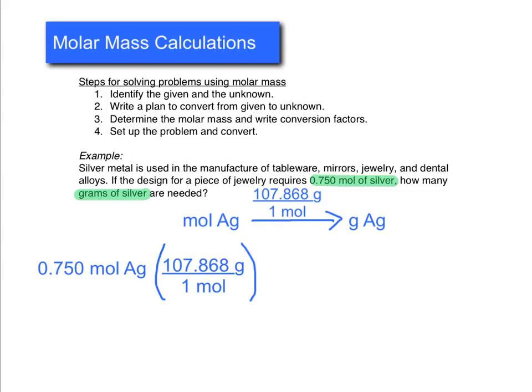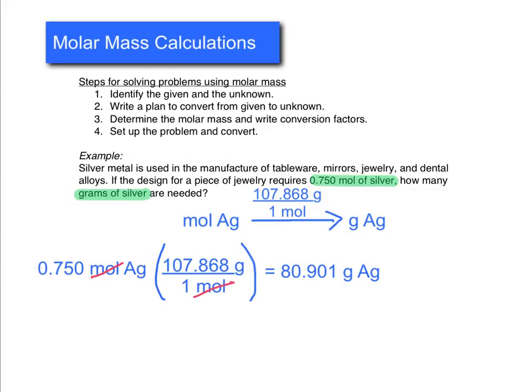So we want grams in the top, and where we're starting with, we want that to go on the bottom so that our units cancel. So that would be moles in the bottom. Okay, so our moles cancel out. The only units we're left with are grams of silver, and so we do 0.750 times 107.868 divided by 1, which is equal to 80.901, and that's grams of silver.